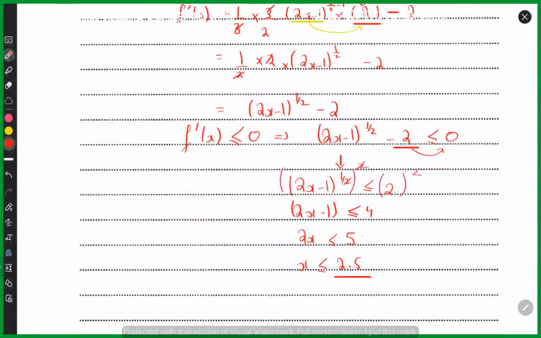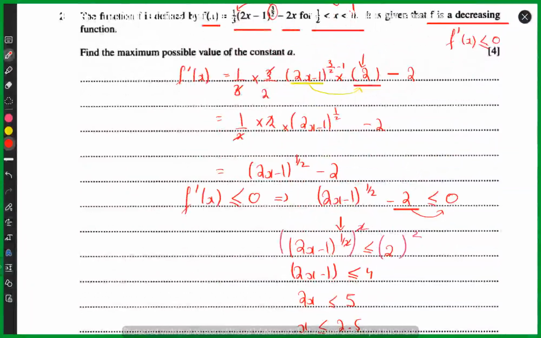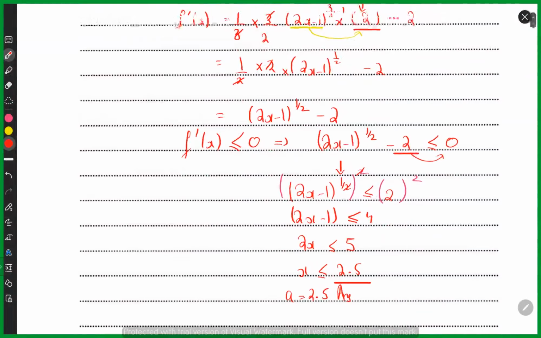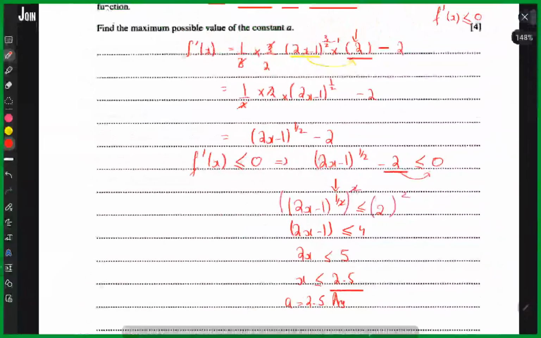We know that for x less than or equal to 2.5, this function is going to give us a negative derivative. Okay, so a is going to be 2.5 in this case. Yes, take a minute or a few seconds, try understanding the solution, and then if you have any queries, you can ask me.